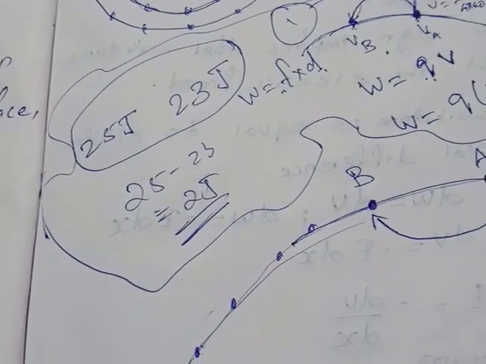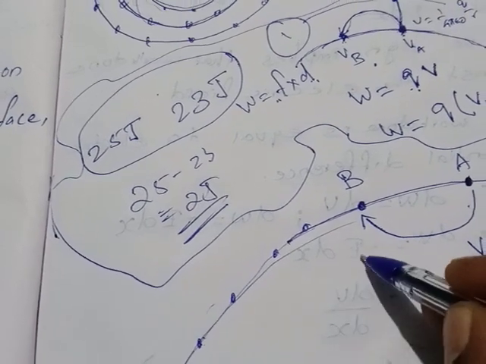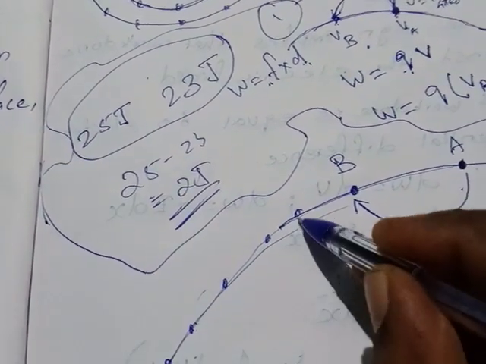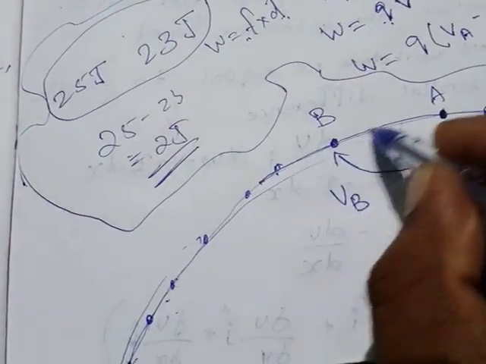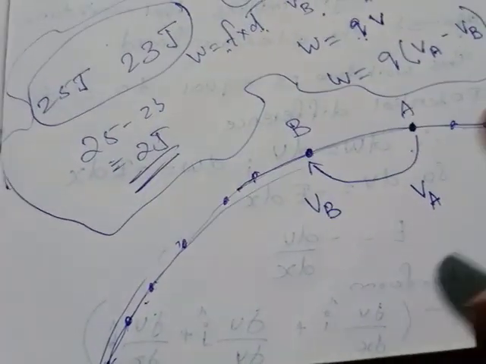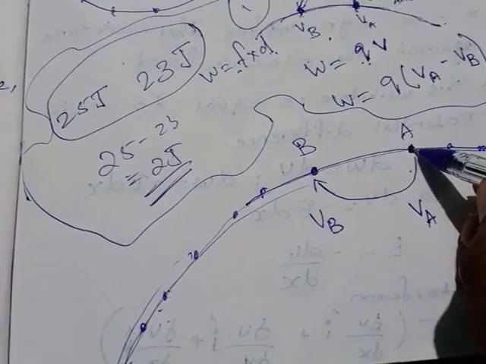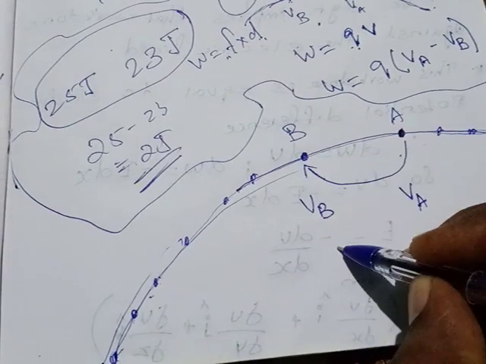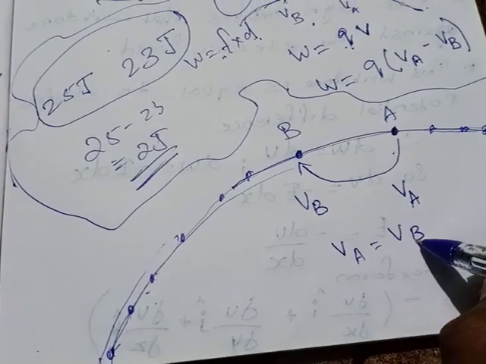So if you take the potential at A, VA, potential at B, potential at C, D, E, F, all on the same surface, the potential is the same. So VA is equal to VB.